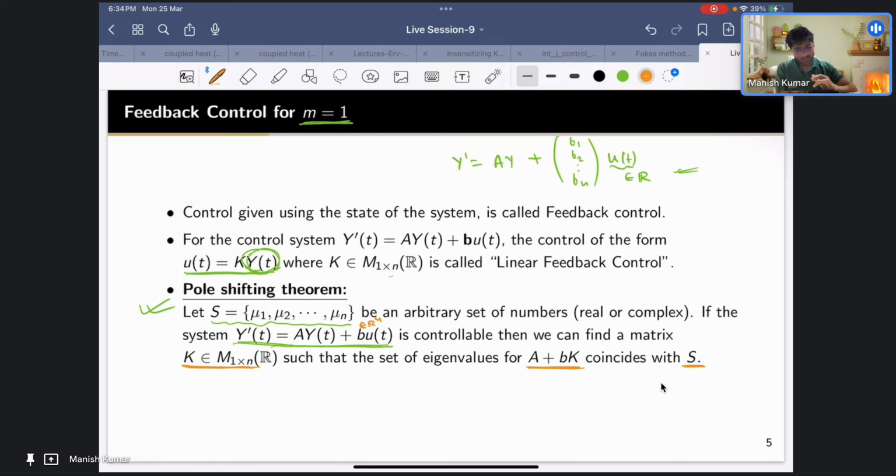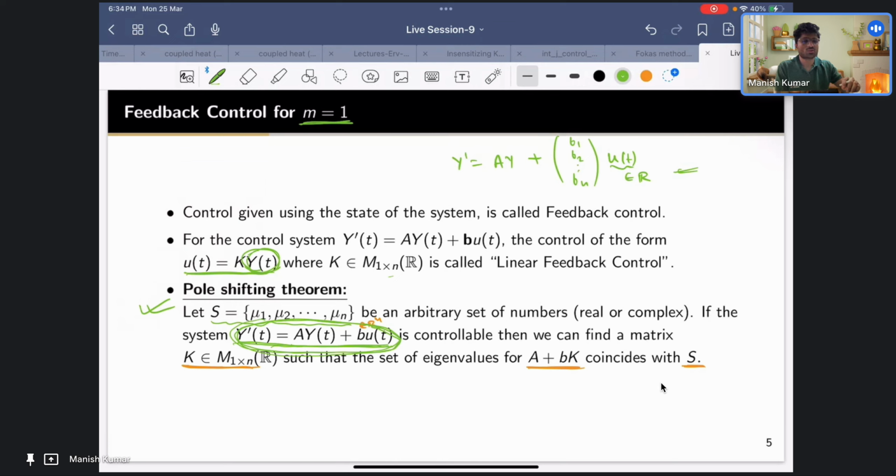What I was telling you earlier, about when we can find this K to make the matrix stable, is that what you need is controllability. But controllability does not give you feedback control.